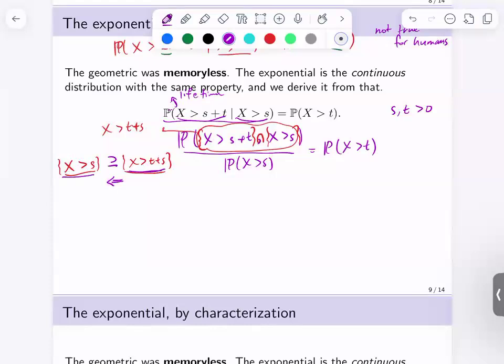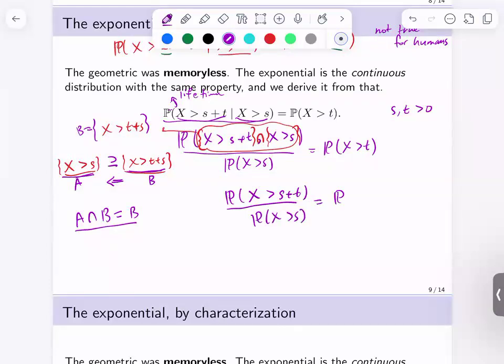So this is a subset of that, and the intersection would be the smaller set. If this is A and this is B, B is a subset, so A intersect B would be equal to B. So what I get from this is that the memoryless property is equivalent to this.